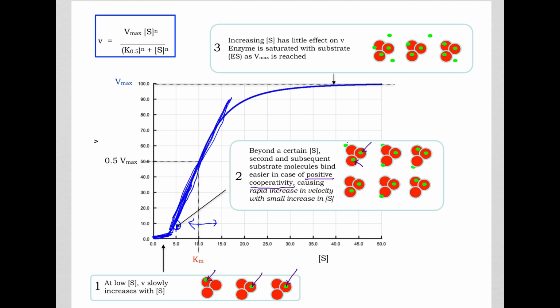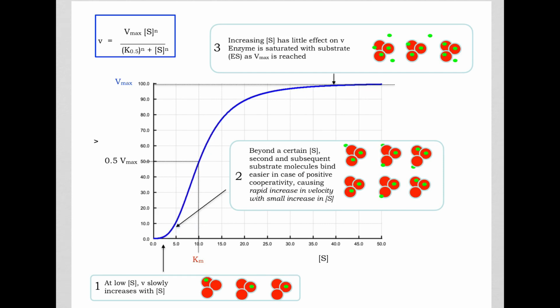So the first substrate molecule binds the usual way, but the second and subsequent substrate molecules bind the enzyme easier, much faster. And that explains this sudden rise in velocity with a slight increase in substrate concentration.